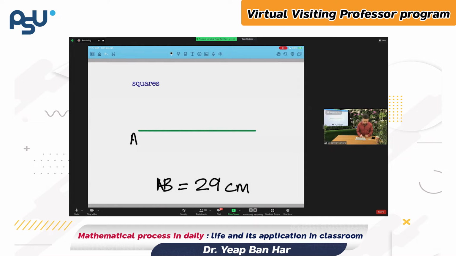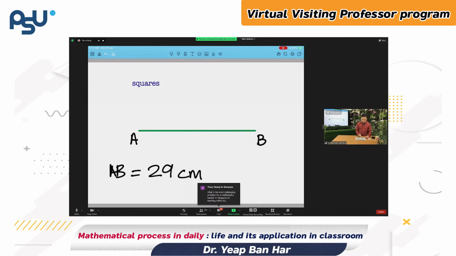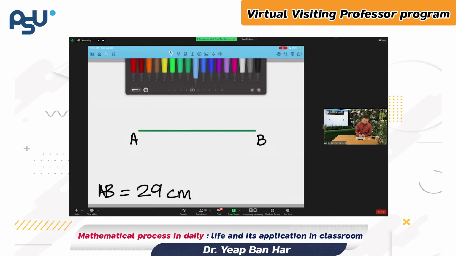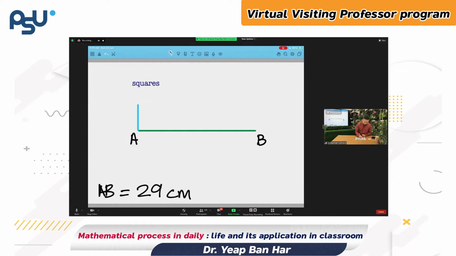I mean, that's one common way we name line segments. Point A, point B, so the line AB is 29 centimeters long. So that's what we know. In fact, that's all we know. And I have squares that I draw like this.